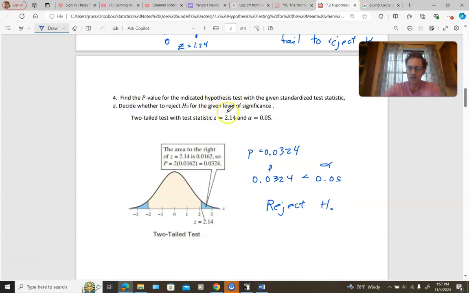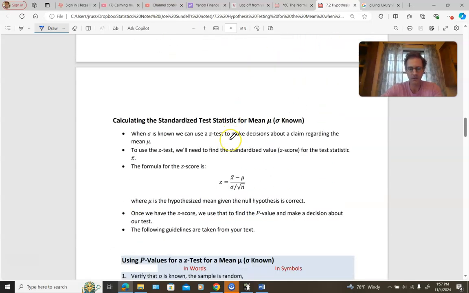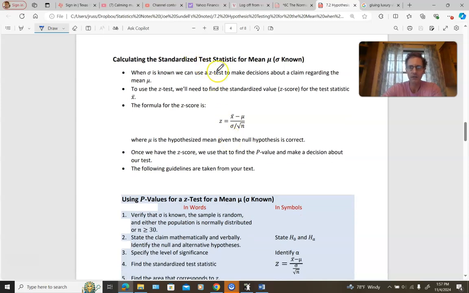It just gave us the standardized score. Okay, so the way you standardize it, guys, is we've done this before. You take whatever your sample mean is and you subtract from that the hypothesized mean, and then you divide it by the standard deviation of the population over the square root of n.